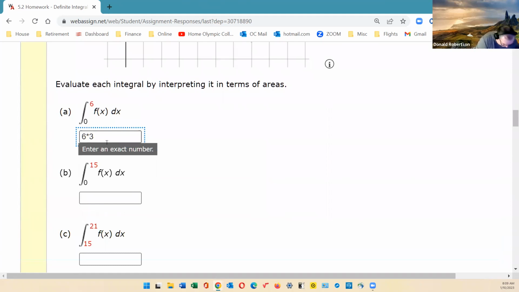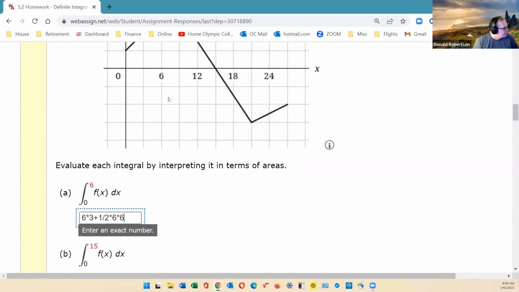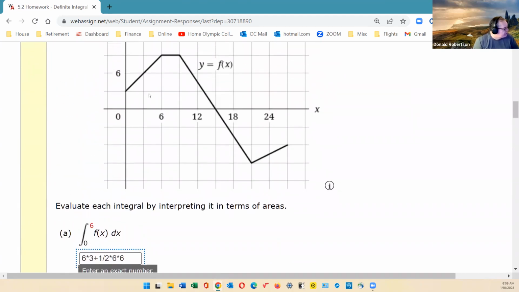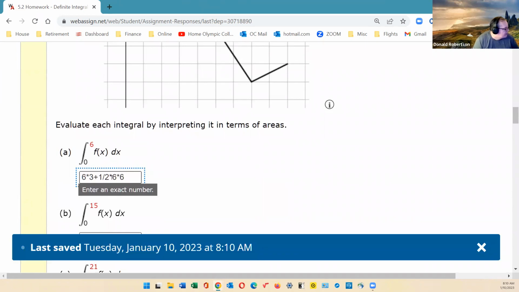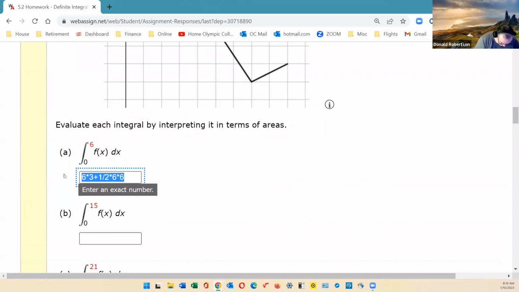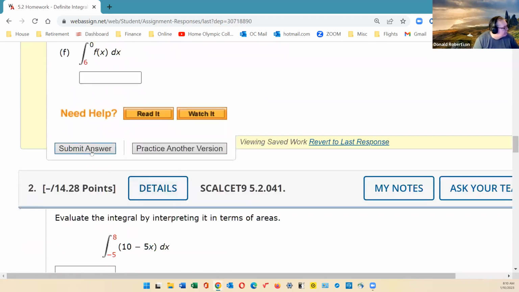So I would then add 1/2 of base times height. So that's what my calculation would look like. So this piece, the rectangle at the bottom, is 18. And the triangle is also 18. So the correct answer would be 18 add 18, which is 36. And let's check it out.